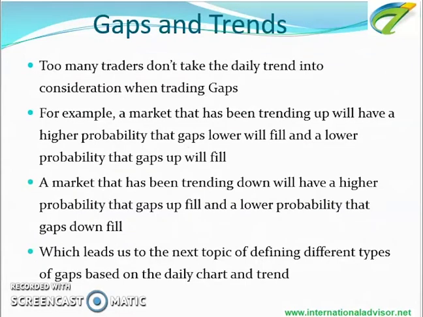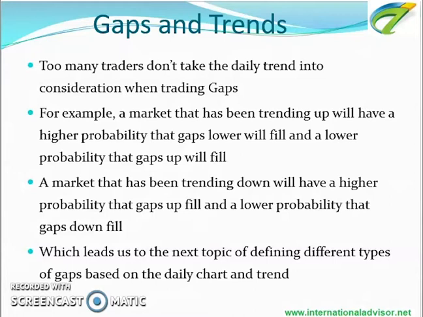Too many traders don't take the daily trend into consideration when trading gaps. For example, a market that has been trending up will have a high probability that gaps lower will fill and a lower probability that gaps up will fill, because anything which is against the trend is comparatively difficult.